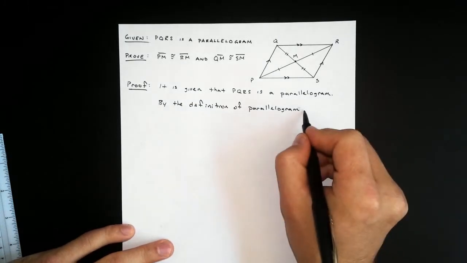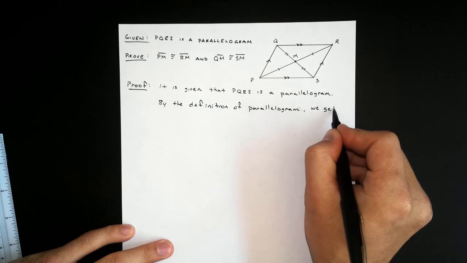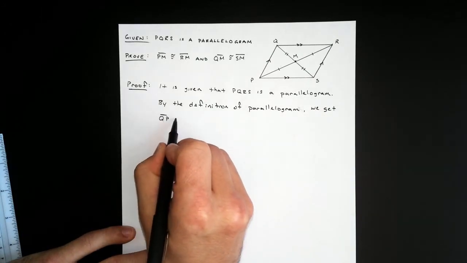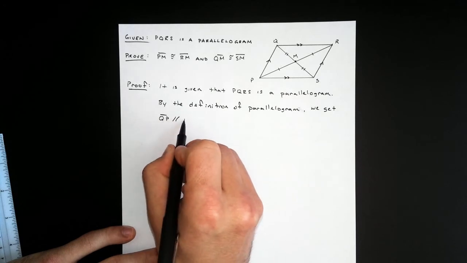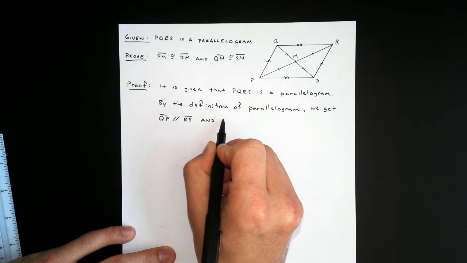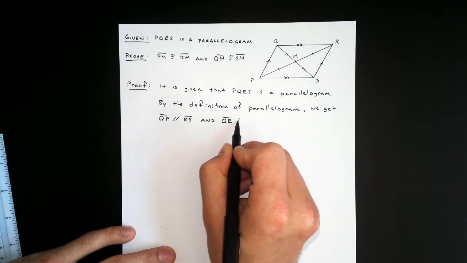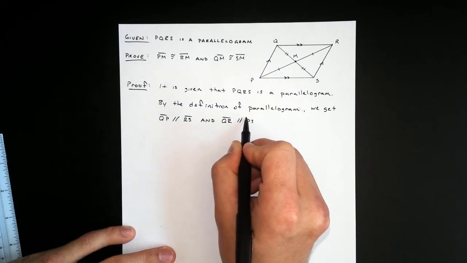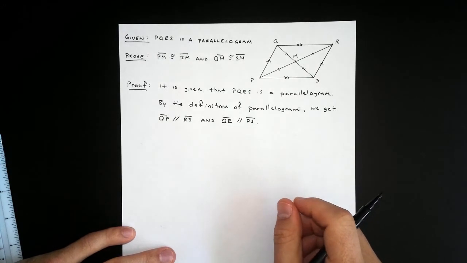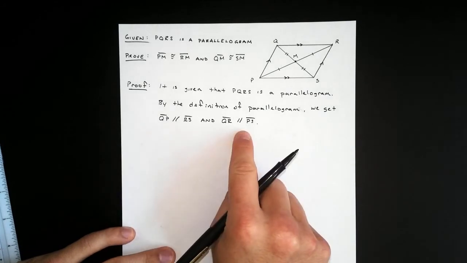So by the definition, we get the two pairs of parallel sides. So we know that QP is parallel to RS, and then our other pair, we have QR is parallel to PS.